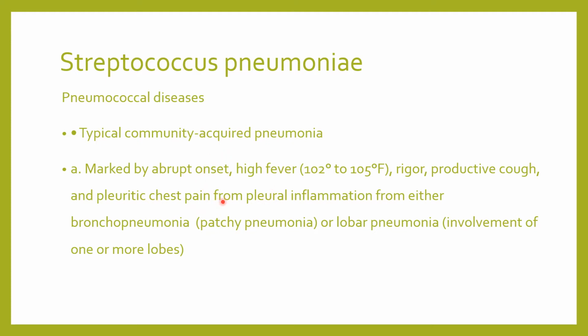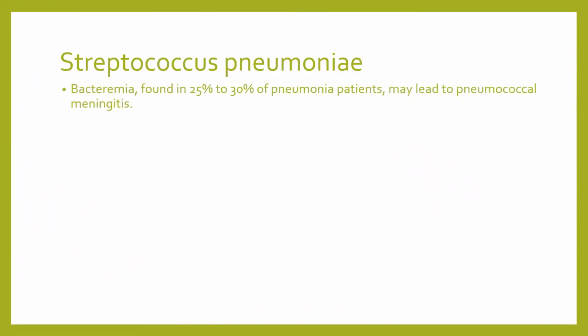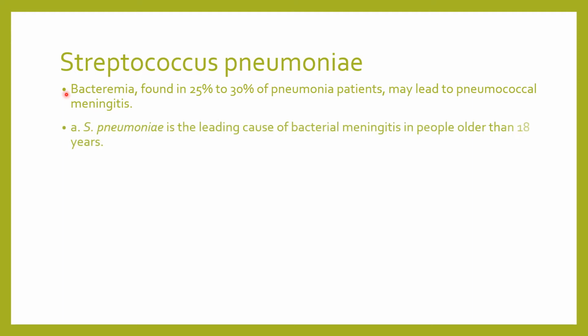It's due to the inflammation of the pleura from either bronchopneumonia, which usually looks like patchy pneumonia, or lobar pneumonia, which involves one or more lobes seen in your radiographs. Unfortunately, Streptococcus pneumoniae can be so deadly that it spreads in your blood, causing bacteremia.